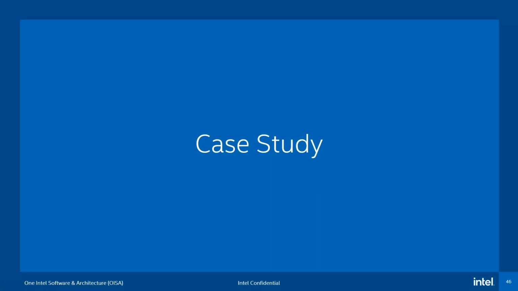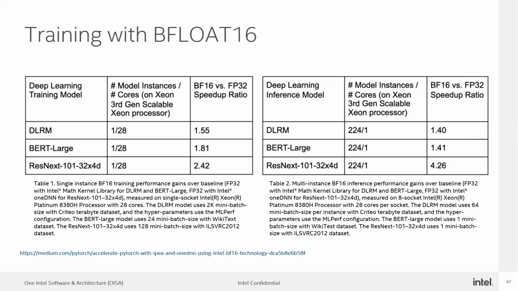Okay, so I will show some case studies of the usage of IPEX, Intel Extension for PyTorch, to show its performance boost. Here is the result of one training example with bfloat16.